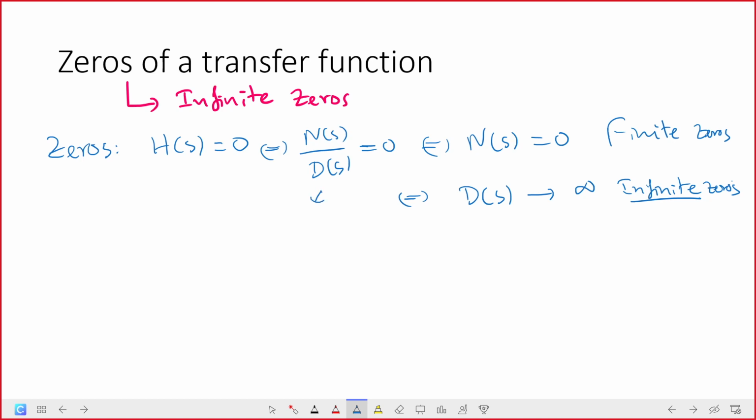This one has degree n and this one has degree m, and we have n greater than or equal to m. So in the case of n greater than m, D tending to infinity can make H tend to 0.